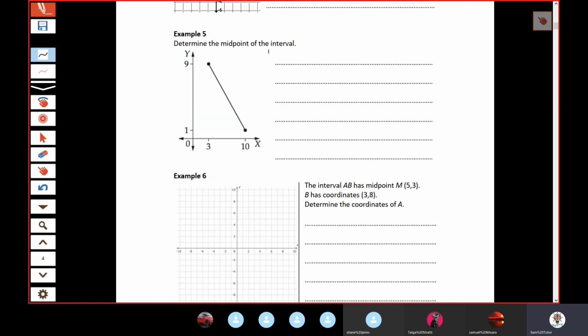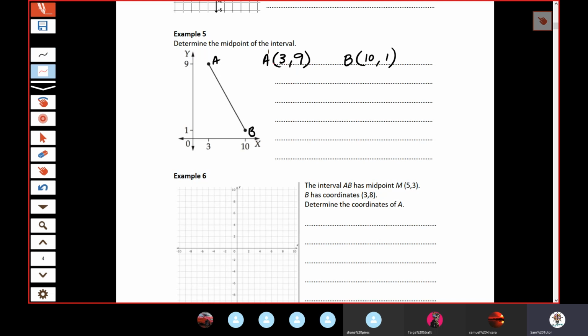All right, example 5, determine the midpoint of the interval. Well, first I would like to label them. It's just a bit easier to deal with. A: x is 3, y value is 9. B: x value is 10, y value is 1.